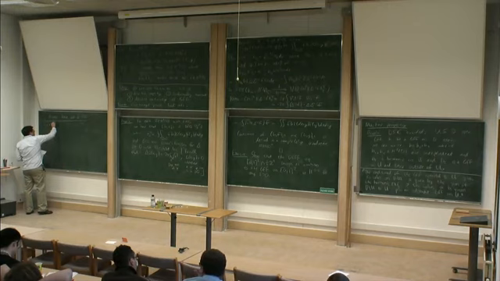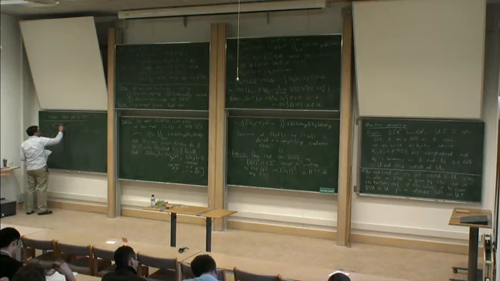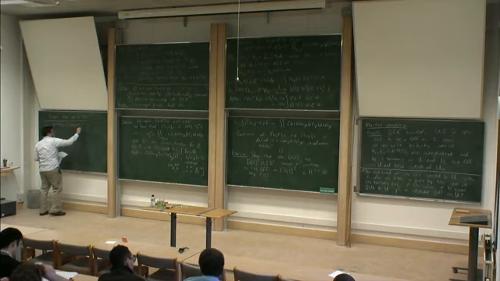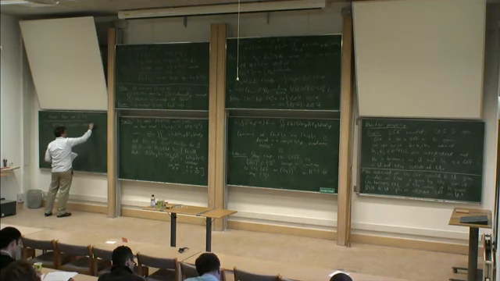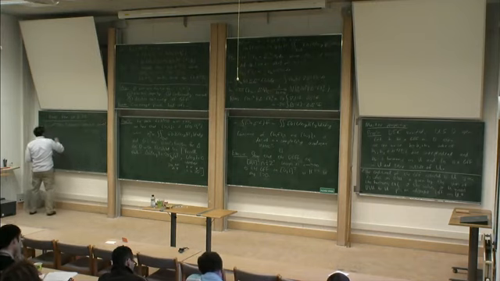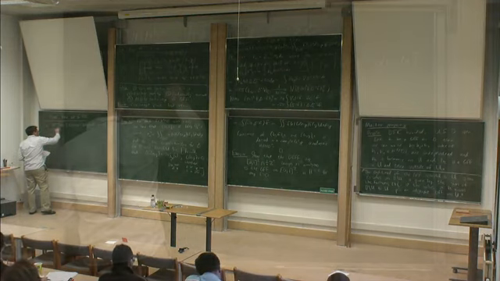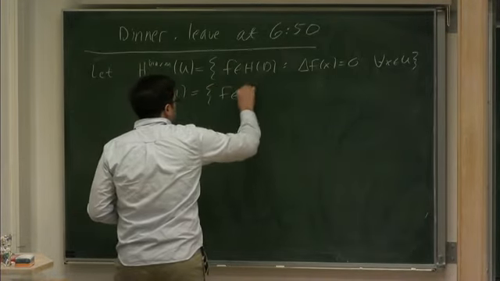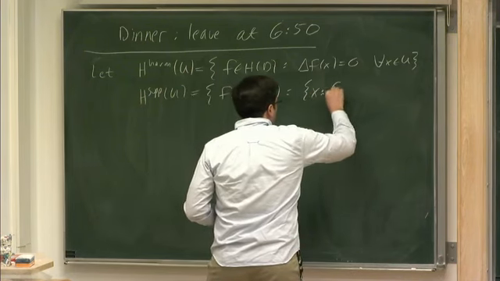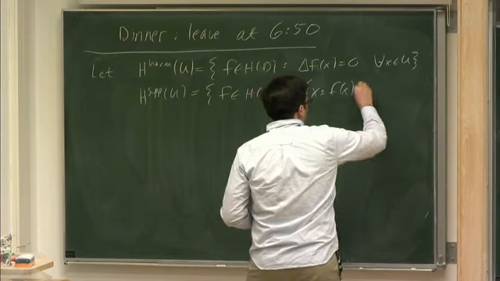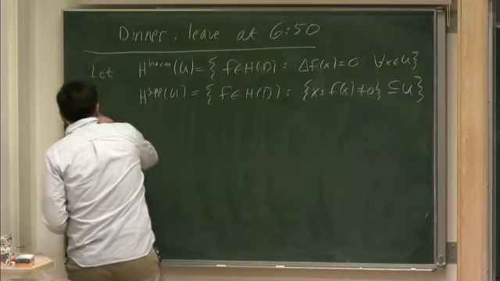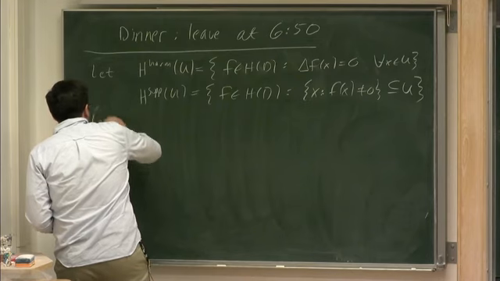I'm going to let H harm of U be the set of functions in H of D which have 0 Laplacian in U. And I'm going to let H sup of U be the set of functions in H of D which are supported in U. Just like in the discrete case, we have the following lemma.